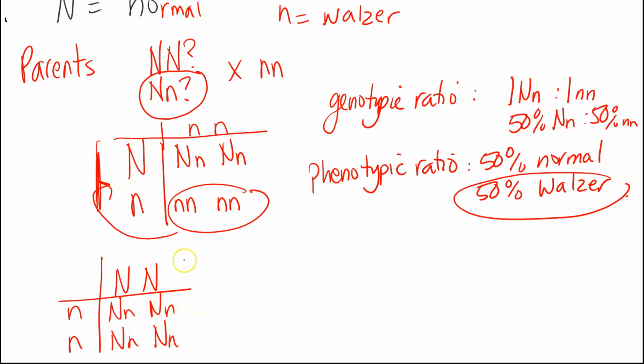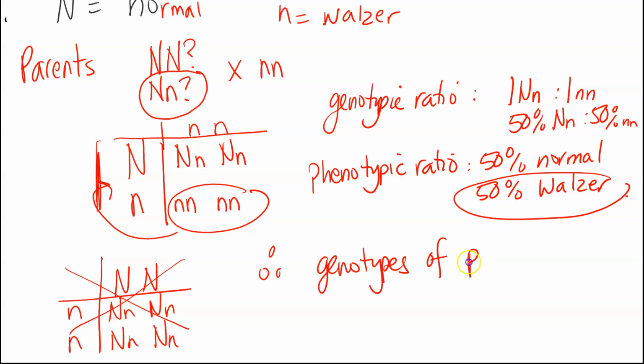So that is definitely not going to be the case, okay? So the parent has to be big N, small n. So therefore, the genotypes of the parents must be big N, small n with little n, okay?